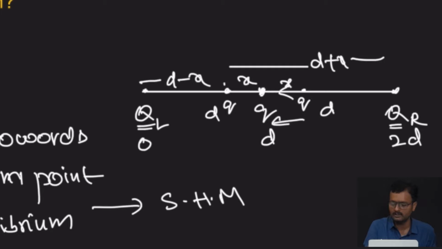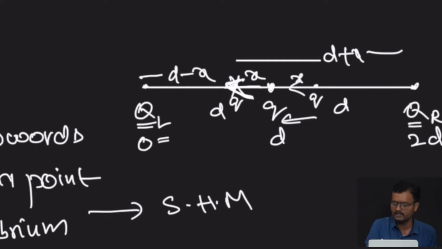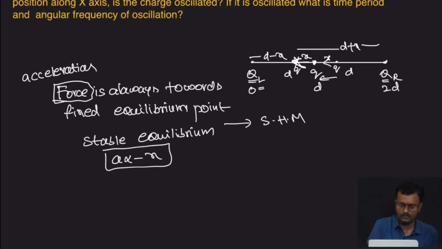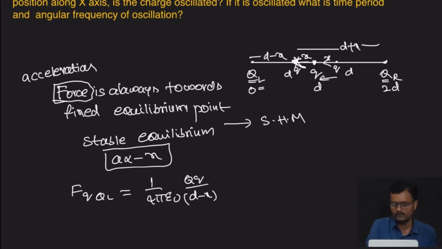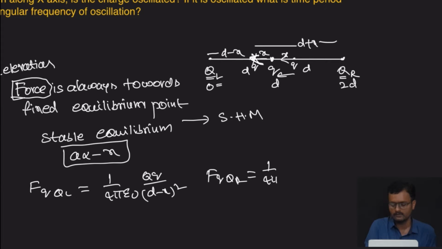Suppose the charge is at this position, at a distance d minus x from the left charge. Taking this as the positive direction, the force on q by the left side charge Q is equal to 1 by 4 pi epsilon naught Qq by d minus x whole square. The force on q by the right side Q is equal to 1 by 4 pi epsilon naught Qq by d plus x whole square.